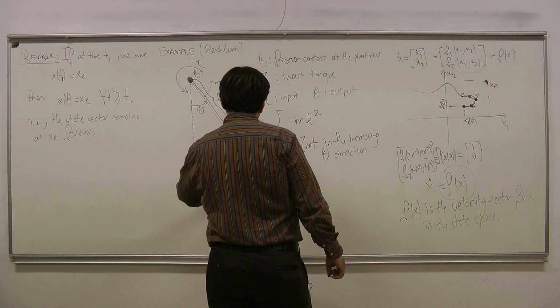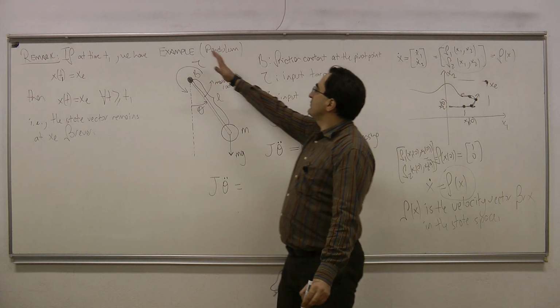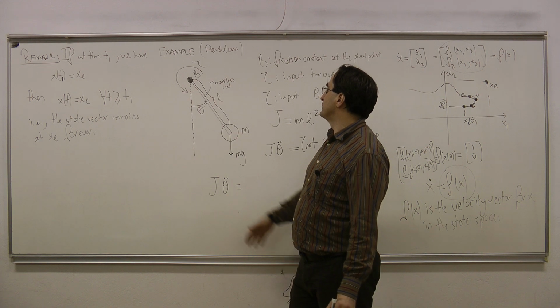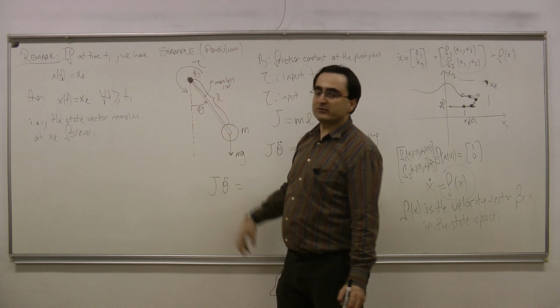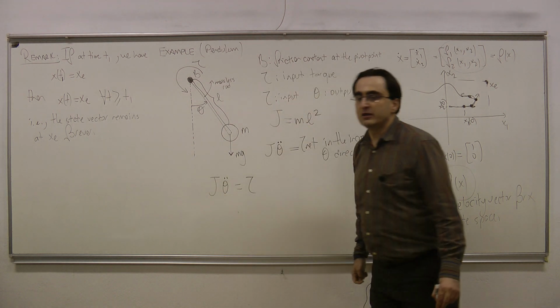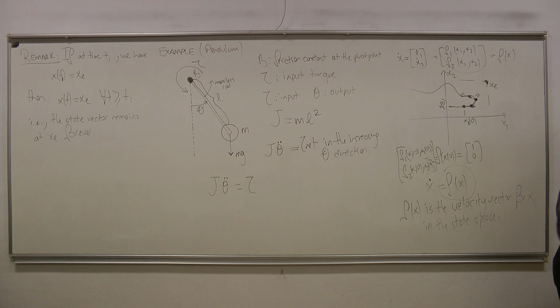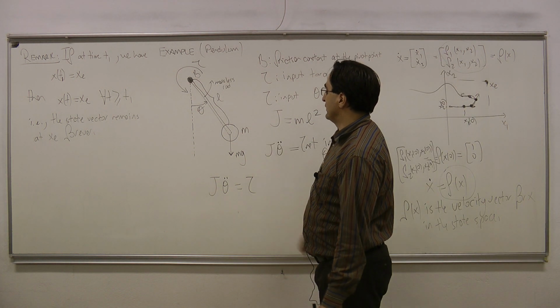J theta double dot is equal to the first torque that is applied in the direction of increasing theta, which is tau. You see that tau and theta have the same direction. That means that I can here write first the input torque. Okay? Then I would write the torque related to the gravity here.